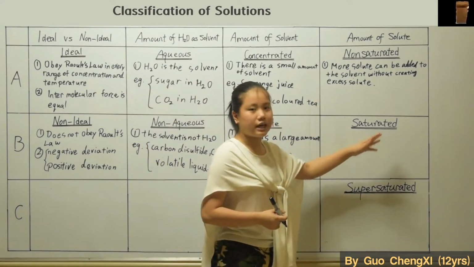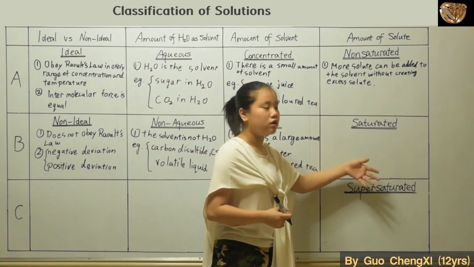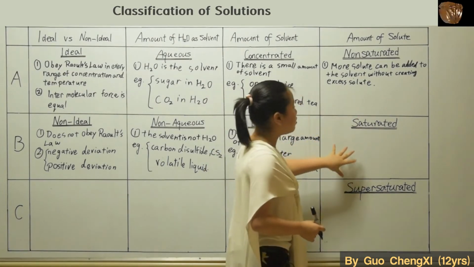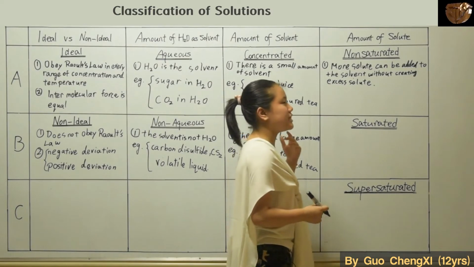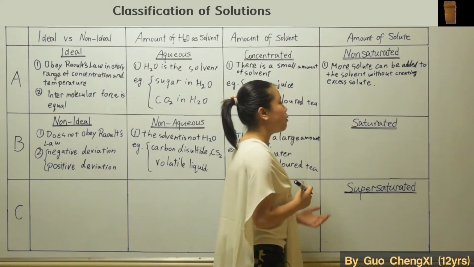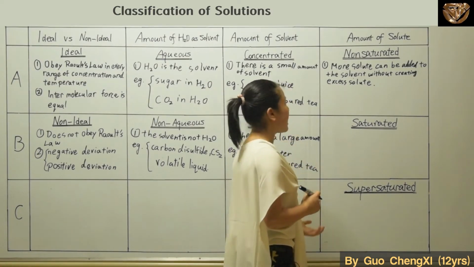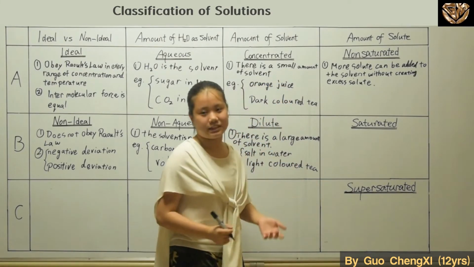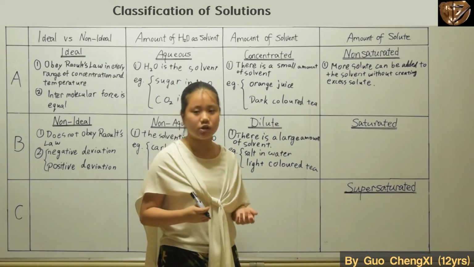Well, this one is whether you can add any more solute to the solvent, the solution. Or is it that you cannot add any more solute without creating excess solute? Or it already has excess solute, which obviously you cannot add more to.